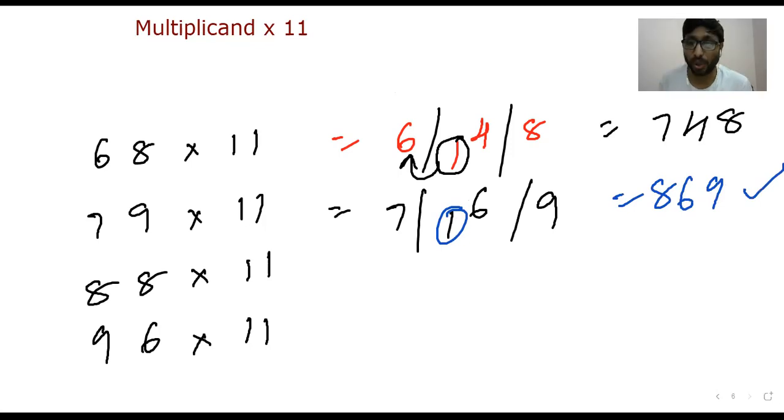If you understand this concept, you don't need to even go for the second step. The only thing is you need to understand that this step you can do. 88.